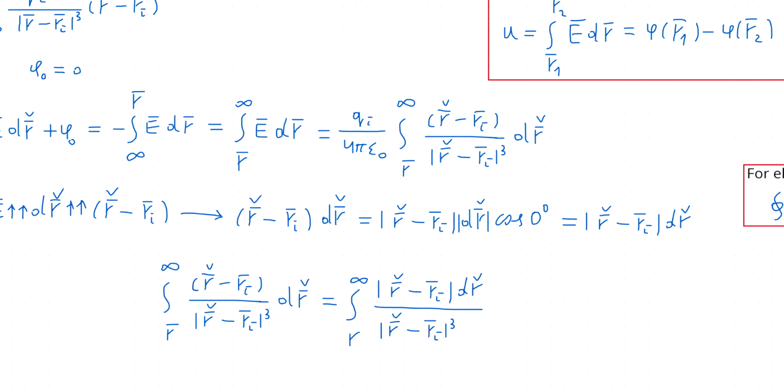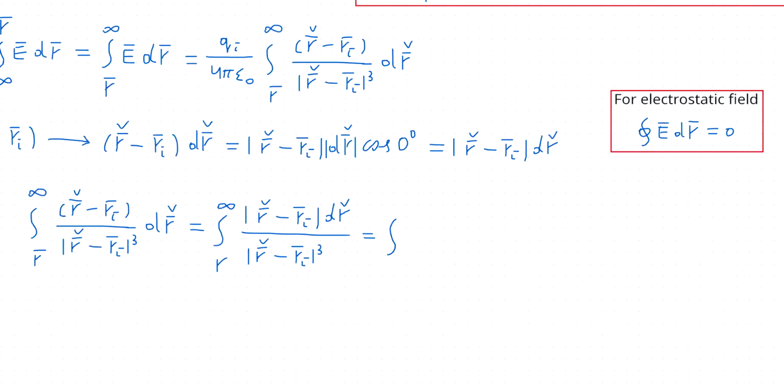And after simplifying, we have the integral from r to infinity of dr divided by the modulus of the difference of vectors r and ri to the power of 2.